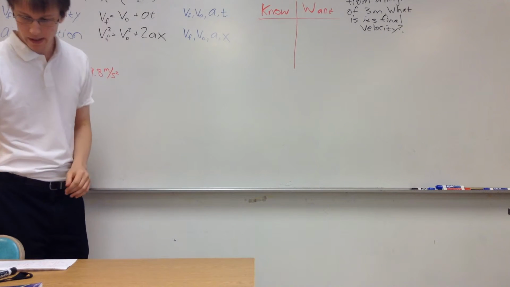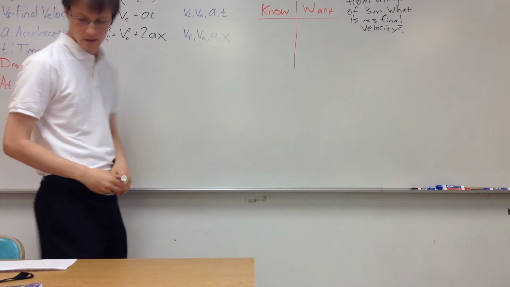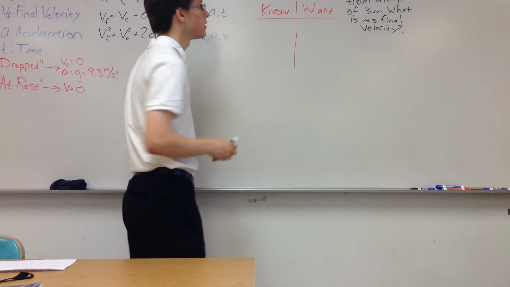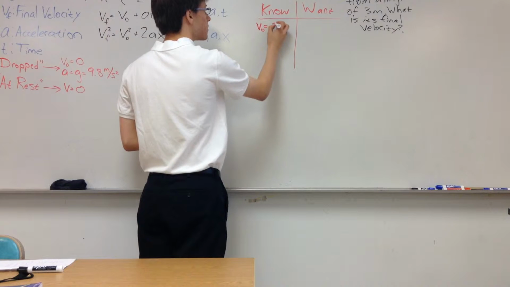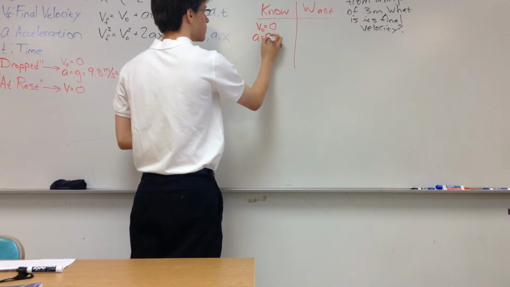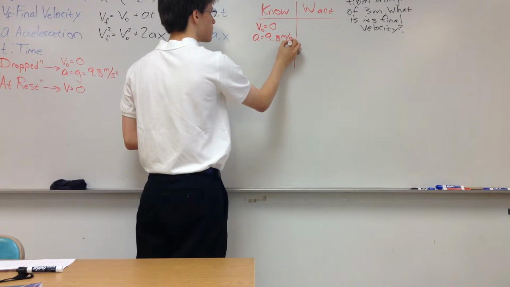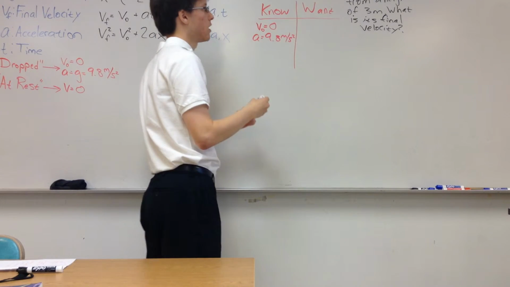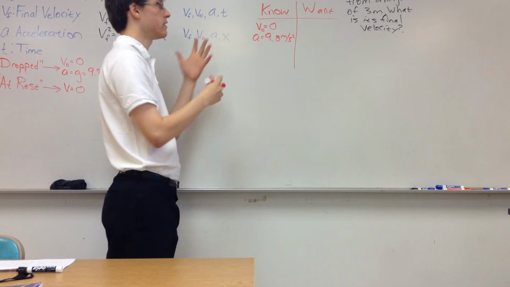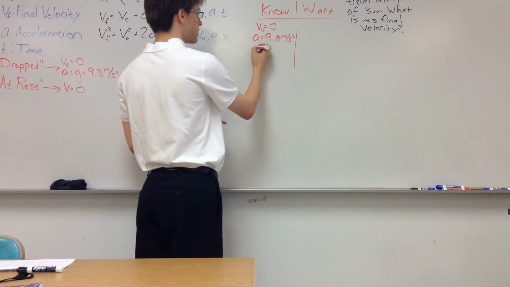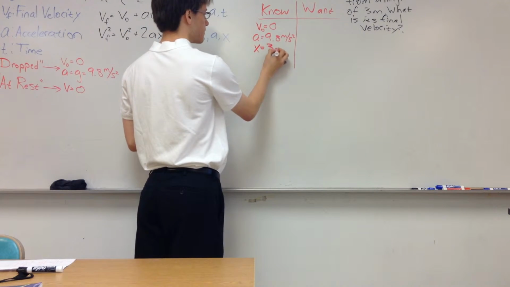So, immediately we can list that we know that the initial velocity, v naught, is equal to 0, acceleration is equal to 9.8 meters per second squared, and we want, well, let's see, we're dropping it from a height of 3 meters. So height is a distance, so that gives us our position, x, which is equal to 3 meters.